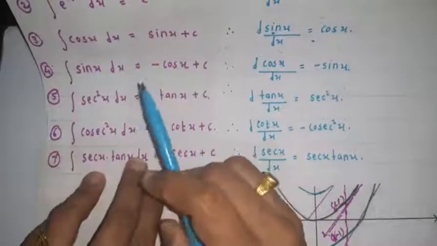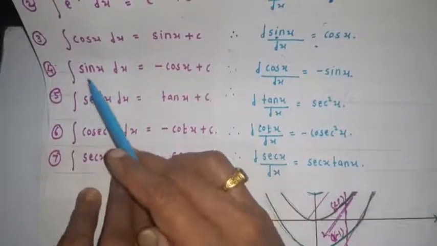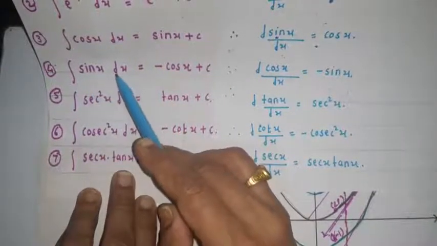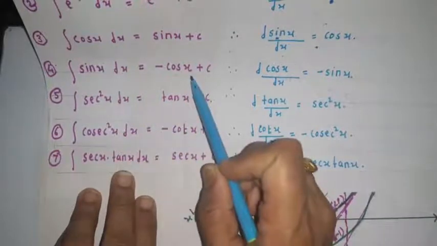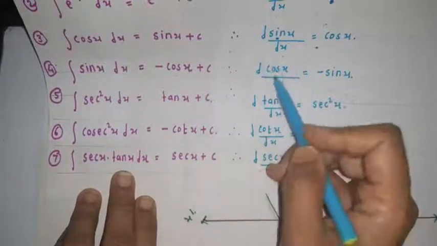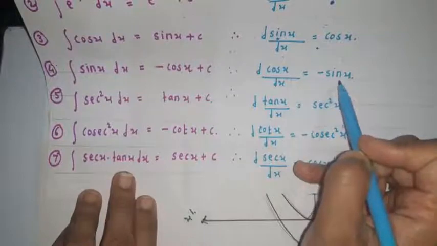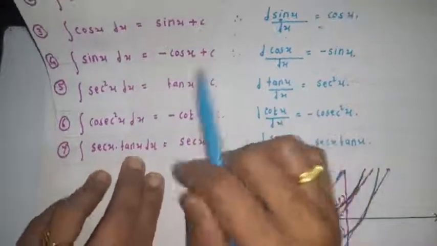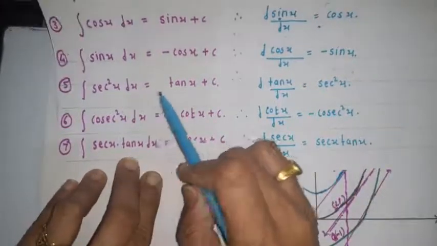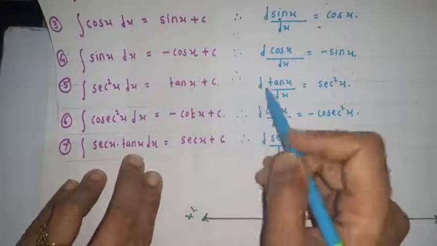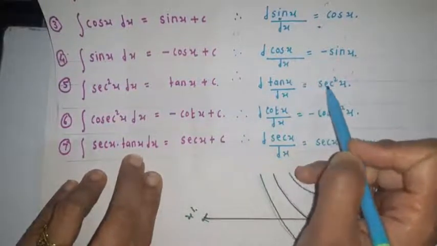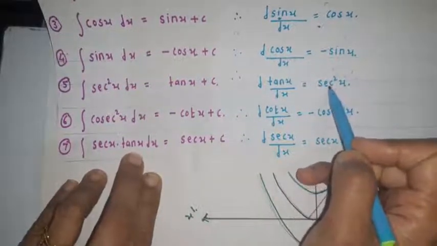Similarly, the formula number 4, integration of sine of x with respect to x is minus cos of x, because differentiation of cos x is minus sin x. Similarly, integration of sec square of x equal to tan of x, because differentiation of tan of x is sec square of x.